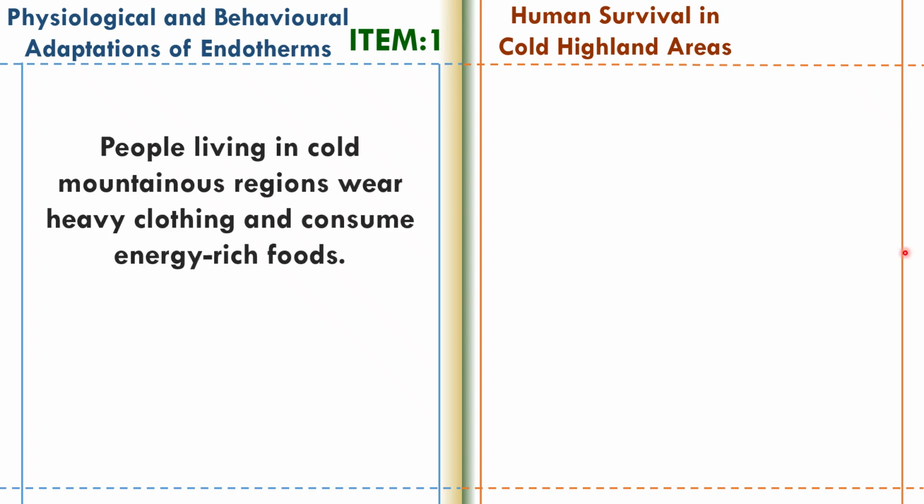Let's start with physiological and behavioral adaptation of endotherms. Item 1. Going to focus on human survival in cold highland areas. People living in cold mountainous regions wear heavy clothing and consume energy-rich foods. Task.